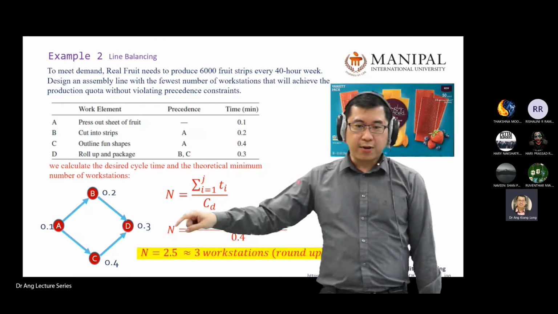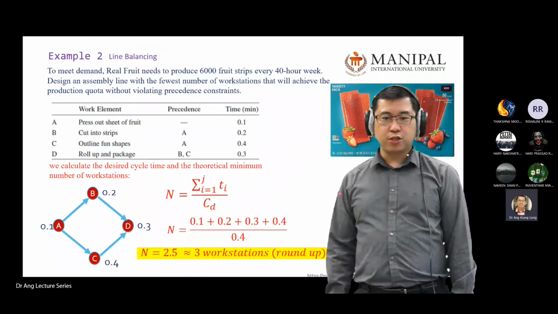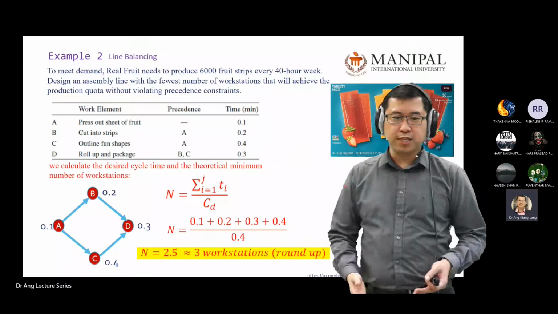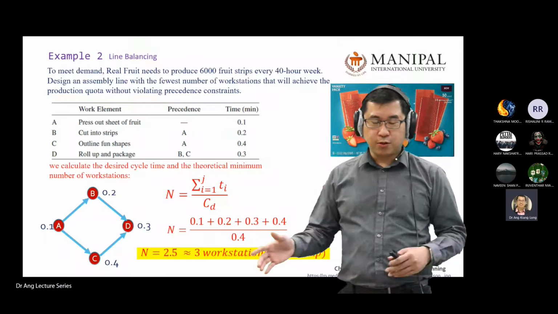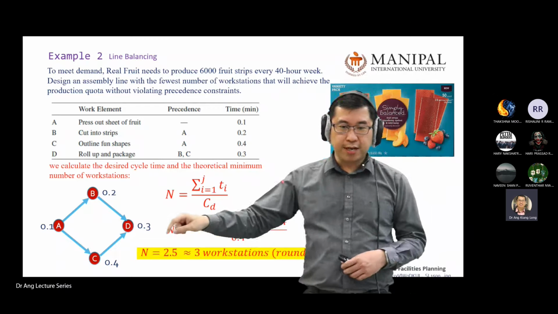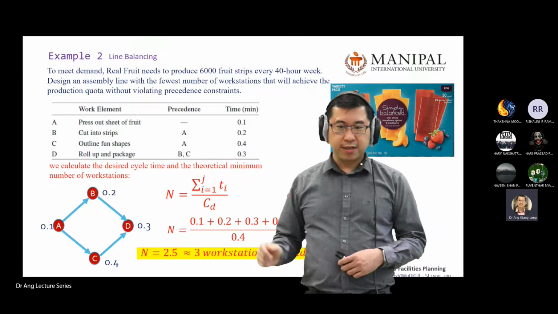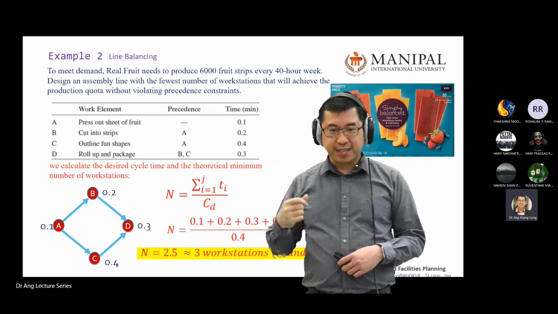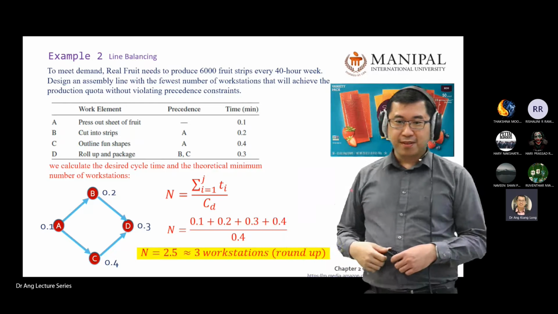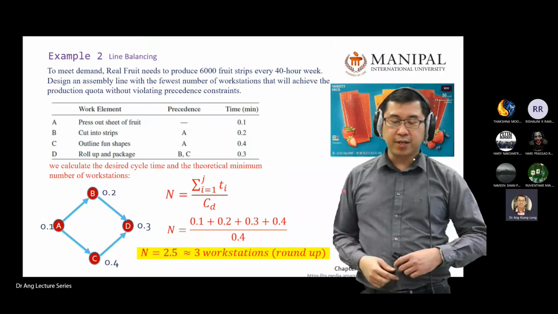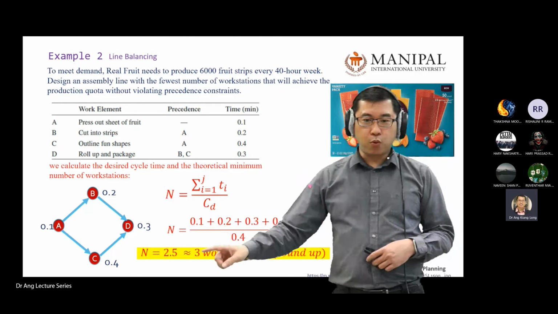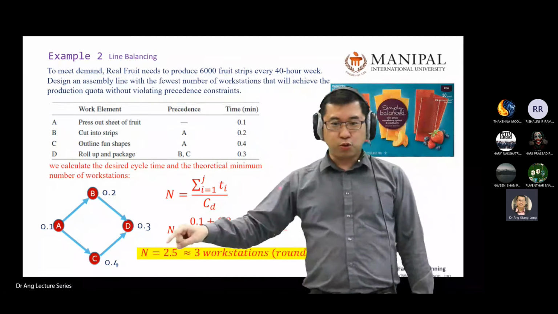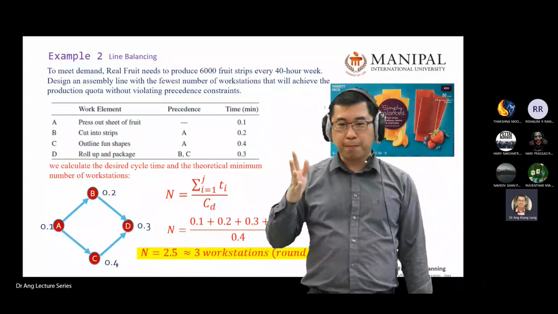You need to round up the number of stations. There's no 2.5 station. In the real case, you cannot chop the workstation into half. So you have to round up the station. If you get 2.1, it still becomes 3, because this is the minimum station you need. If you get 2.1, you still need to increase to 3, because 2.1 stations means you need more than 2 stations.